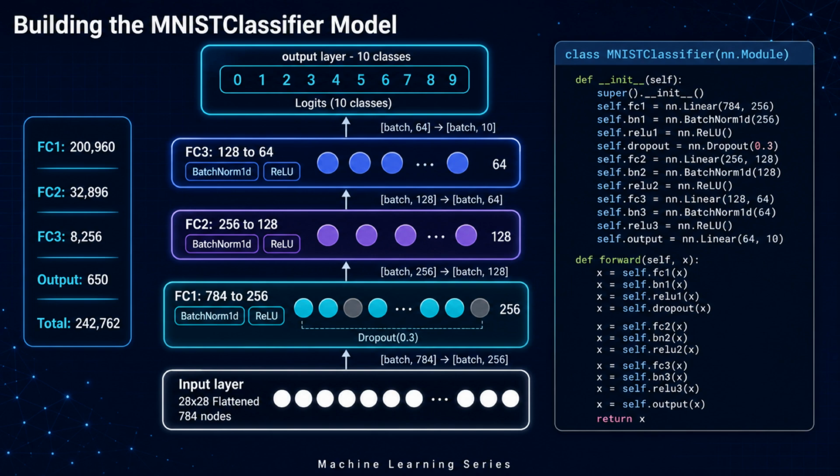Between each layer, we apply ReLU activation to introduce nonlinearity, batch normalization to stabilize training by normalizing activations within each mini-batch, and dropout to randomly deactivate neurons during training, which prevents overfitting. This architecture progressively compresses the representation, forcing the network to learn the most important features.